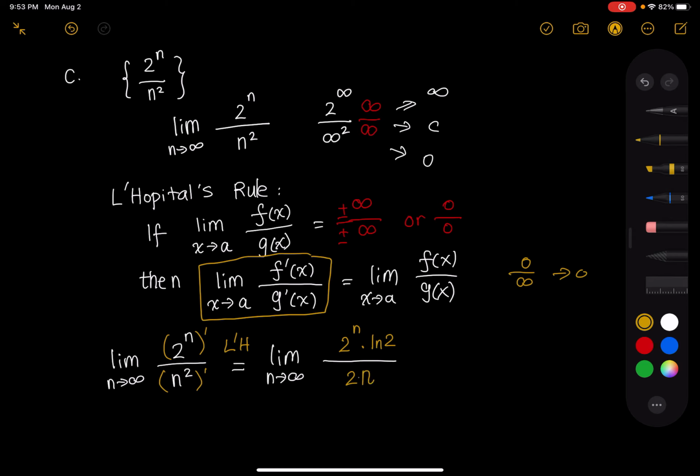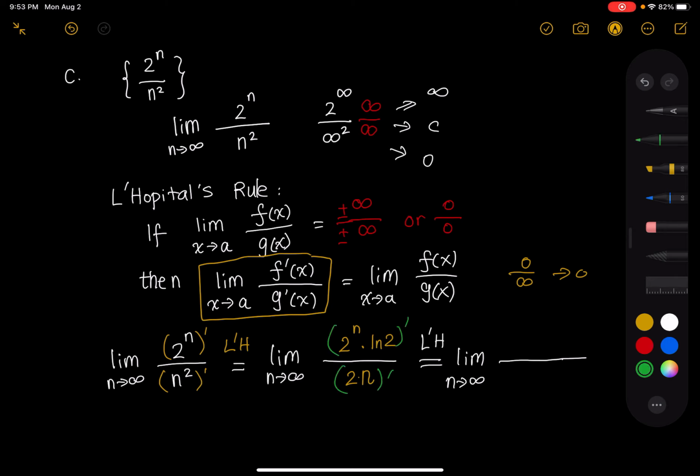Then we plug in again. We still see 2 to the nth power goes to infinity, and the bottom 2 times n is still infinity. So we still have infinity over infinity. So we apply L'Hopital's rule again. We take the derivative again.